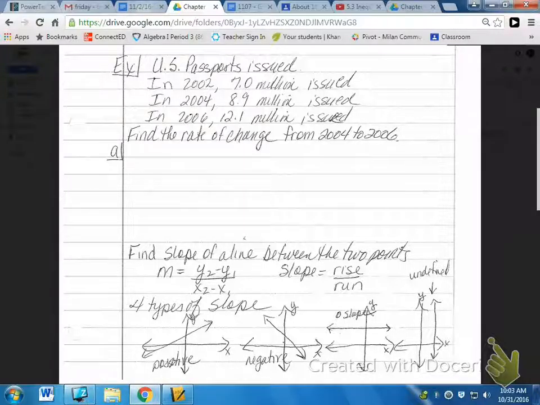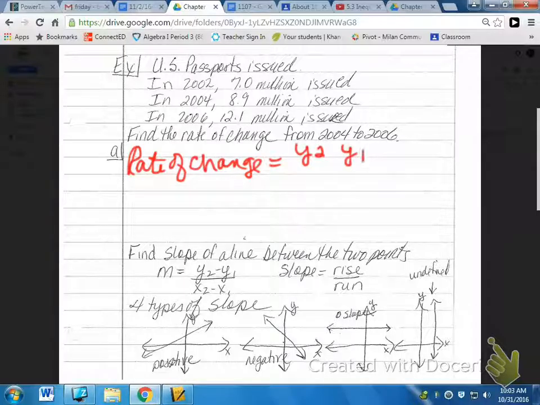We find the rate from 2004 to 2006. You would use rate of change, and hopefully this looks very familiar to you. Rate of change would be something like this: y2 minus y1 over x2 minus x1.